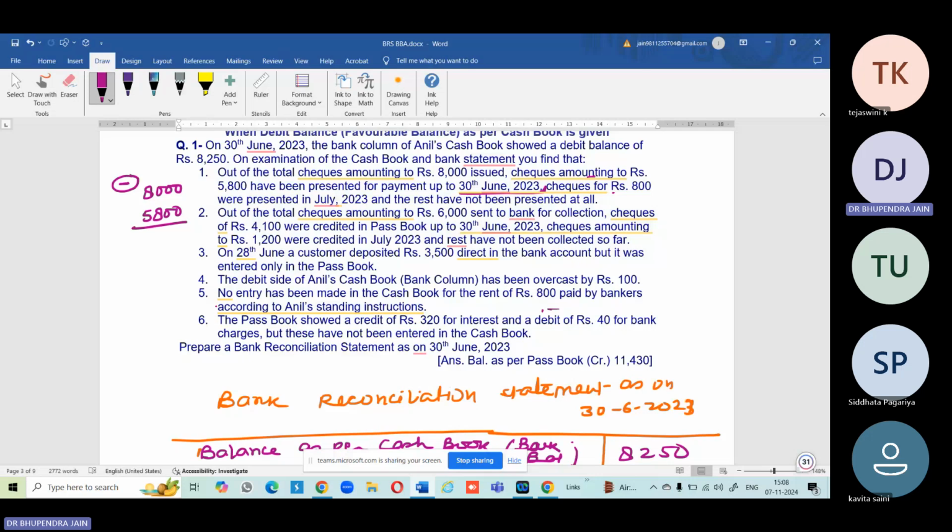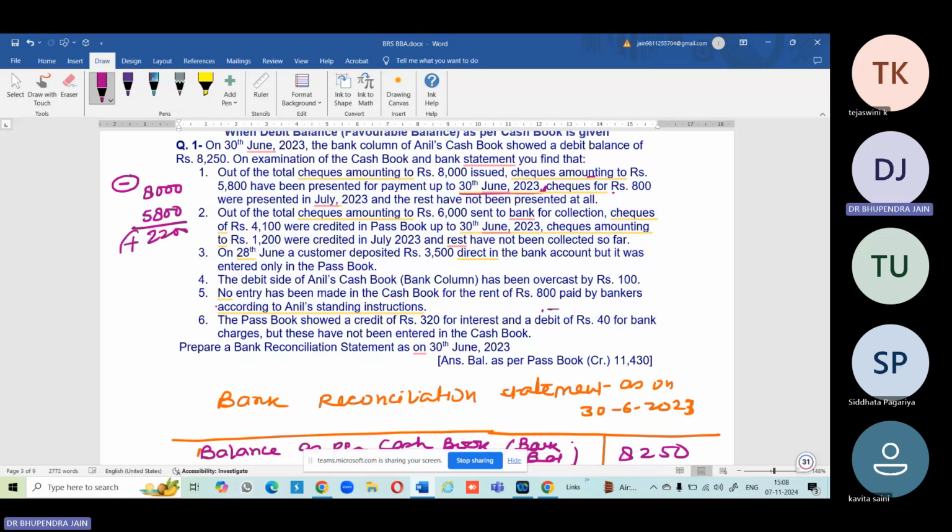It means you have excess deducted 2,200 rupees from your bank account in the cash book. The difference is 2,200.